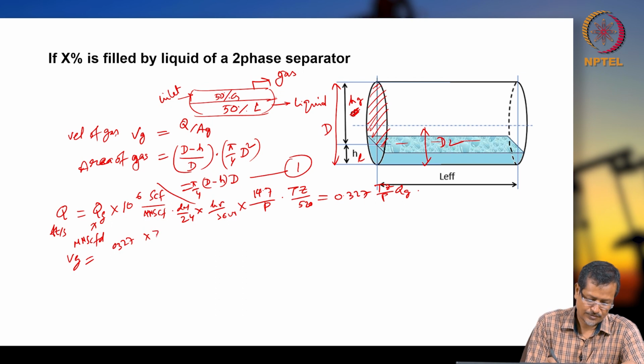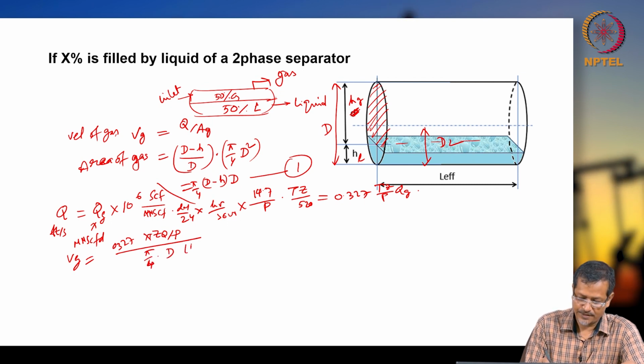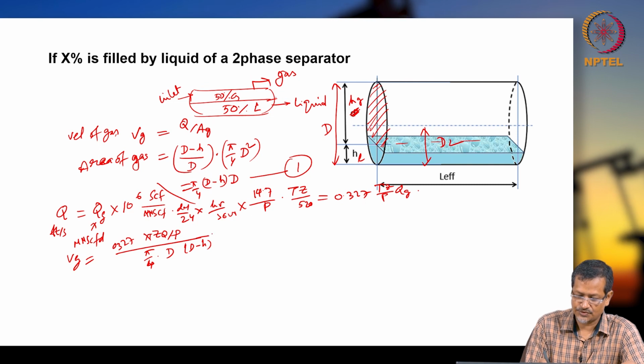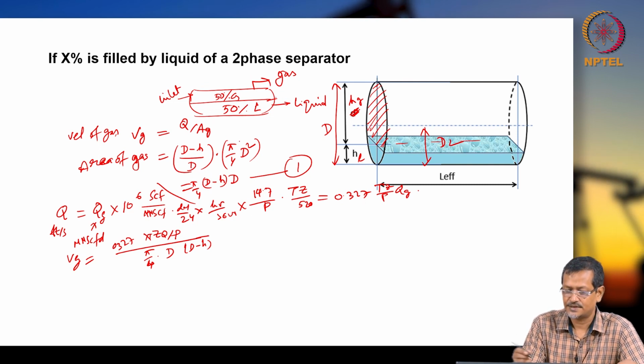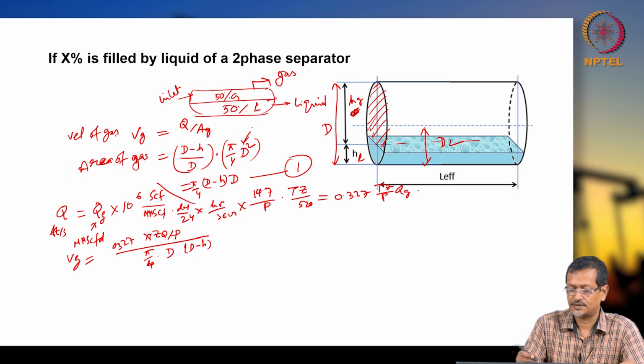So now you got the Q value, so Vg equals 0.327 into TZQ by P, divided by pi by 4 into D square minus H. So this value we got. Just forget about the previous notations, here I am using D notation.